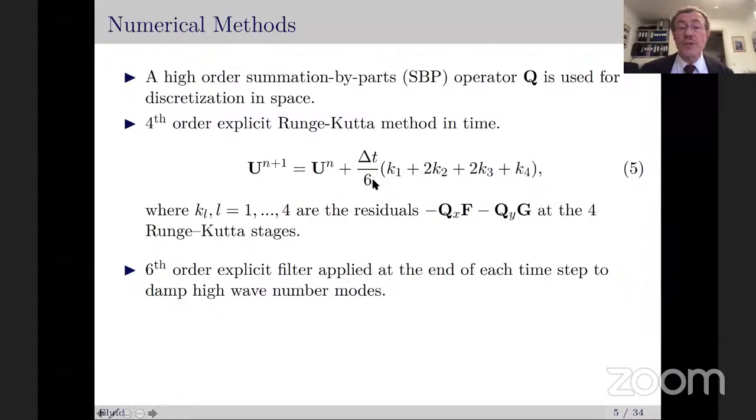So we determine the residual at different stages, actually 4 stages, and then we get a 4th order method. Since we apply this 1st order summation by parts operator twice, we do not have a damping of the high wave numbers. We do that by an explicit filter, which is 6th order and does not destroy the global accuracy of our method.